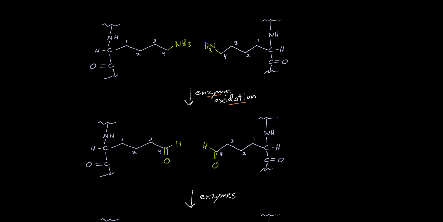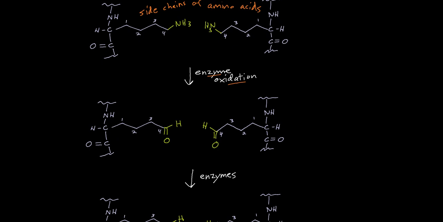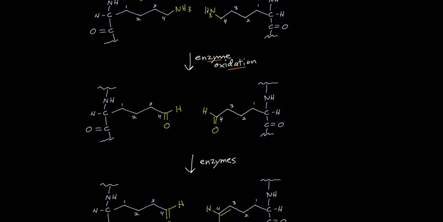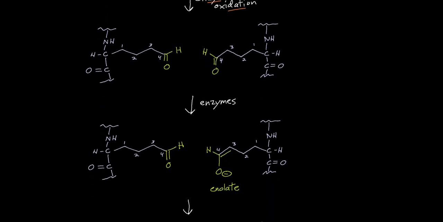The first step is that these amino acid side chains end up where you have similar amino acids on each side of the two strands. Those can get oxidized to aldehydes, as you see here.